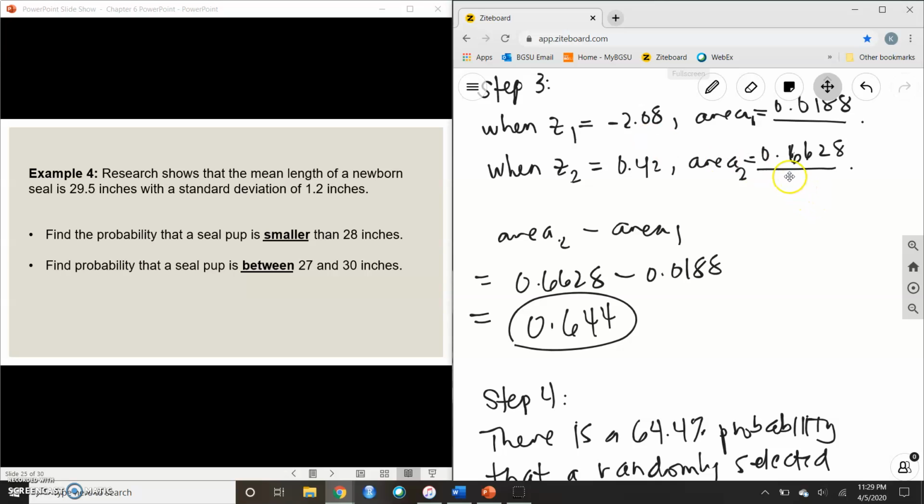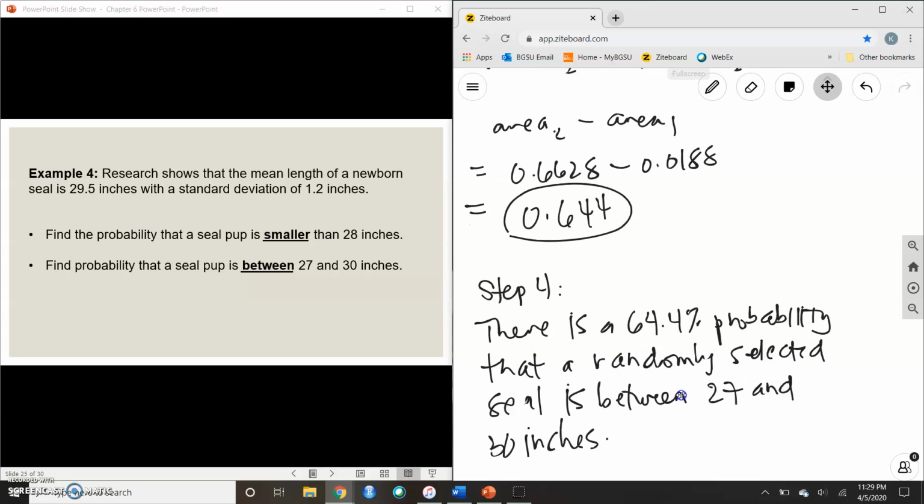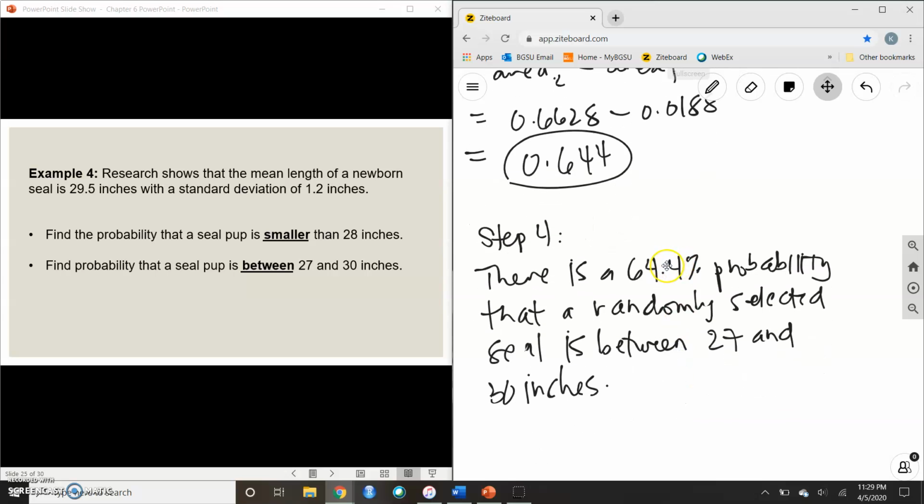Area 2 is considering the area from 0.42 to the left. So in order to find the area in between, we take area 2 minus area 1. It's always the larger area minus the smaller area. That gives us the final area, which helps us make the conclusion: there is a 64.4% probability that a randomly selected seal pup will be between these two values.